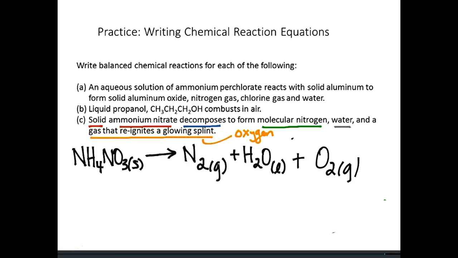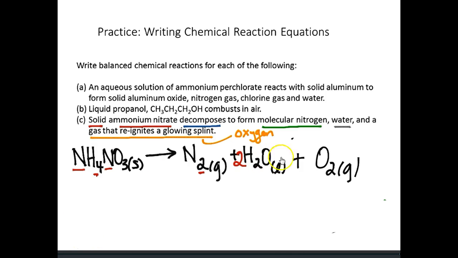Next, I'm going to balance this reaction equation. I have 2 nitrogens on the left, and I already have 2 nitrogens on the right, so I don't need a coefficient there. I have 4 hydrogens on the left, and I only have 2 on the right, so I need a coefficient of 2. Now the oxygen, there's 3 on the left, and there's 4 on the right, right?